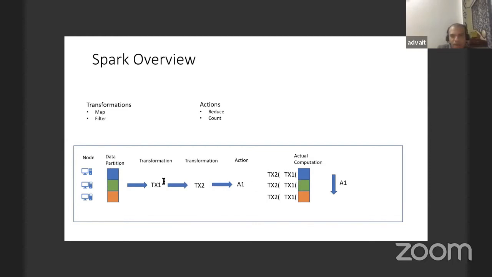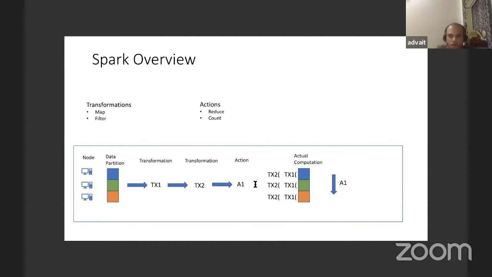Then it combines these three steps together, and it does lazy evaluation. Lazy evaluation is something like you don't compute the answers whenever they're defined, but you compute them whenever they're required.